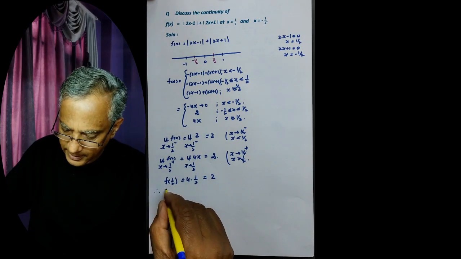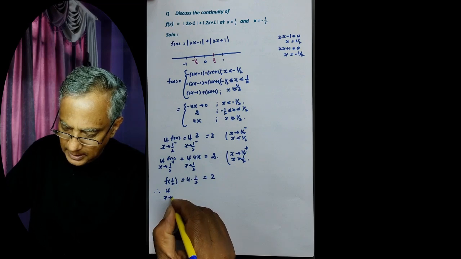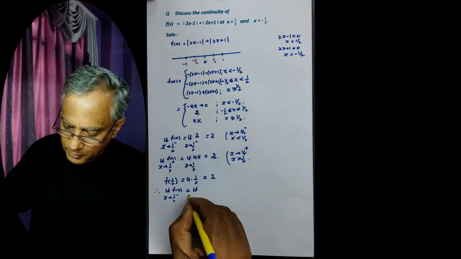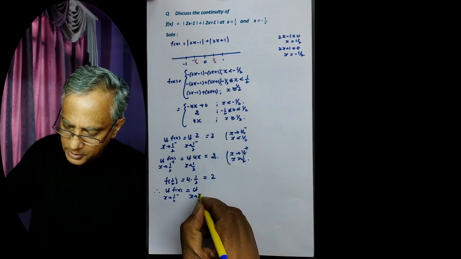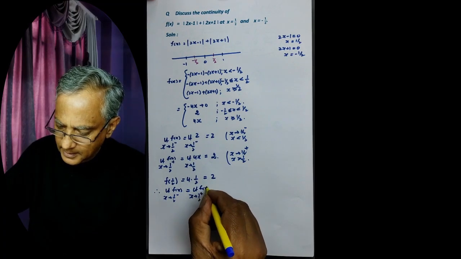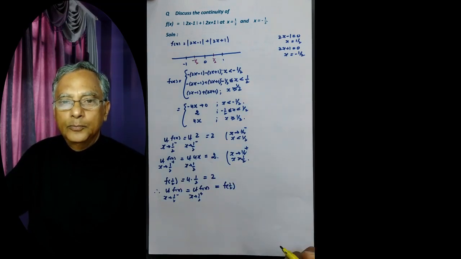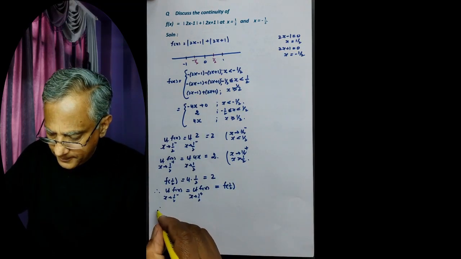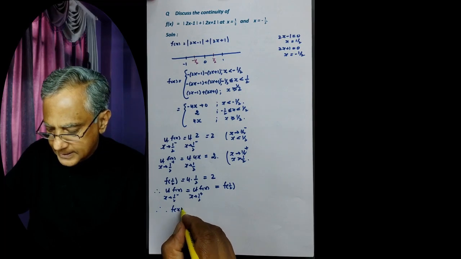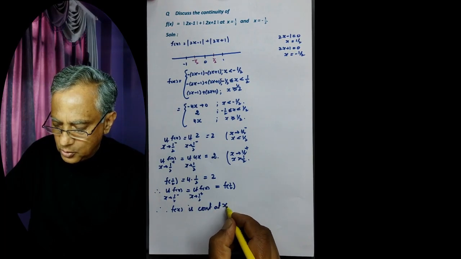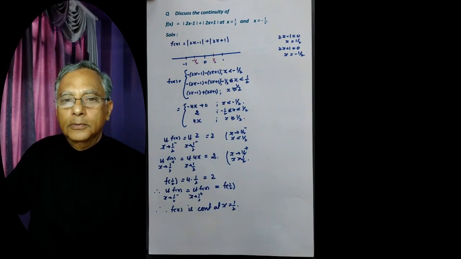Therefore, limit x approaches half from the negative side f(x) is equal to limit x approaches half from the positive side f(x), is equal to the value of the function at the point half.